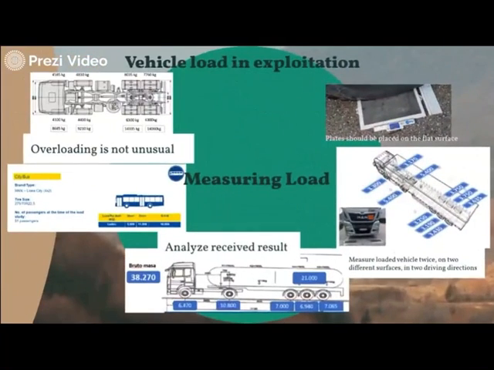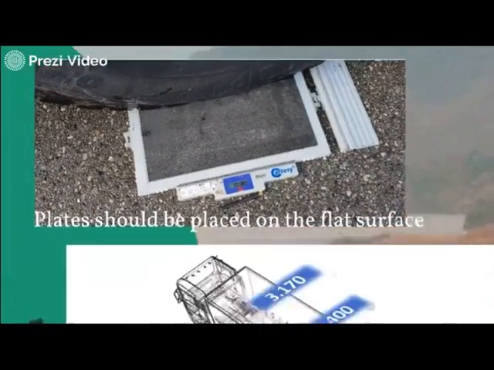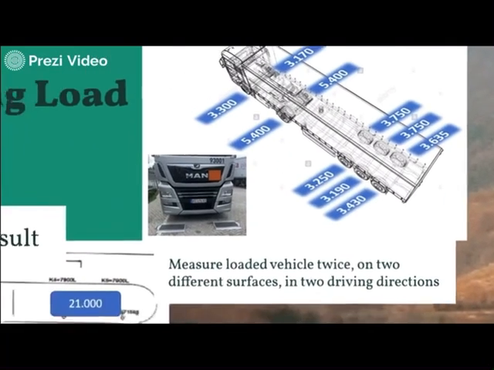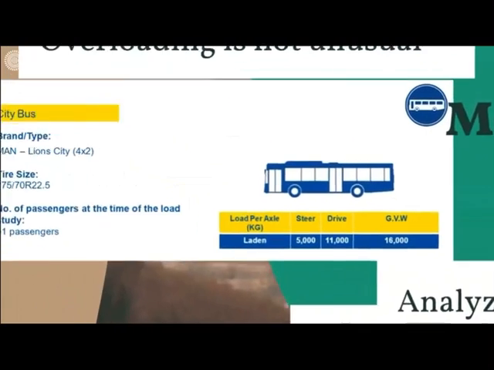How do we do that? We should have plates for measuring wheel and axle load. And we put those plates on a flat surface. After, we measure the loaded vehicle twice on two different surfaces in two driving directions. When we receive results, we analyze them and get the load per axle on a vehicle.